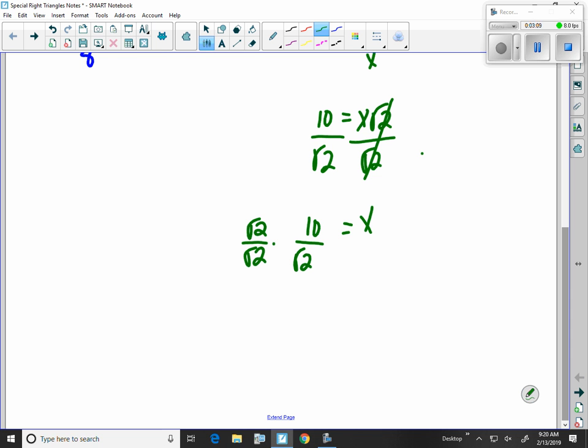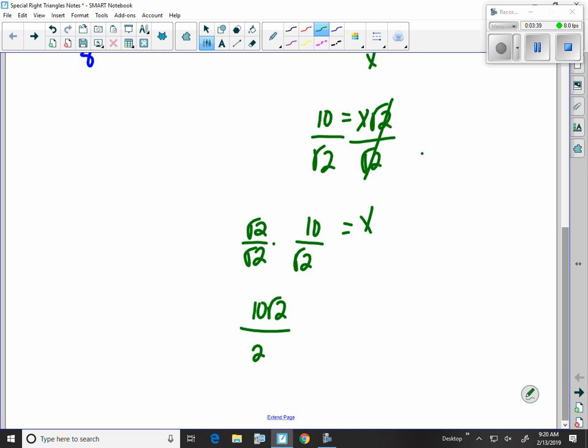So on the top, we have 10 radical 2. What do we have on the bottom? 2. If you remember, it's been a while, we talked about this, there's a quick trick. On the bottom, whatever is in the radical stays there, but you lose the radical sign. The reason for that is if you do radical 2 times radical 2, you get radical 4.